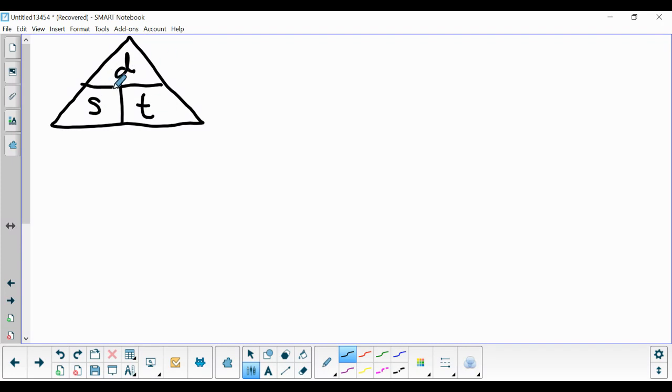The way to use this triangle is that distance divided by our time will equal our speed. Our distance divided by our speed will equal our time, and our speed times our time will give us our distance. So, just a quick practice for us.